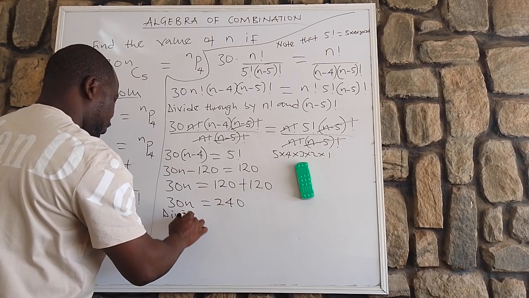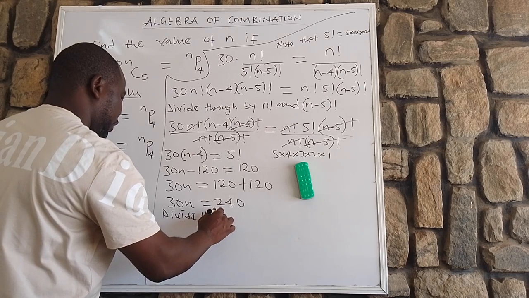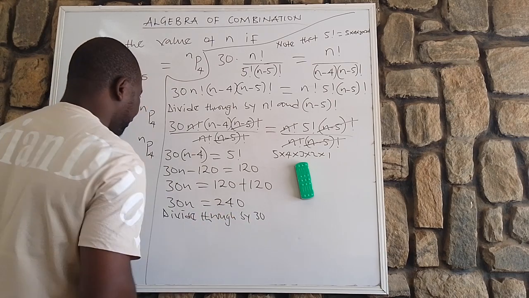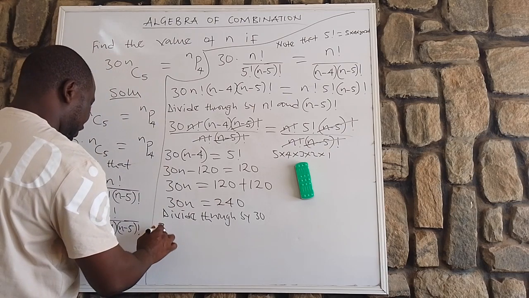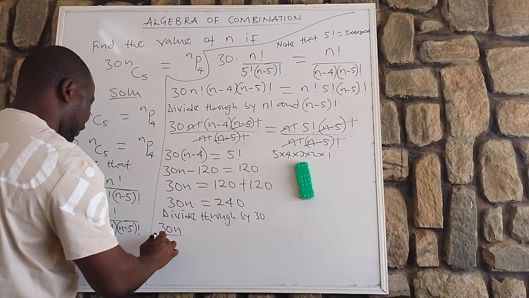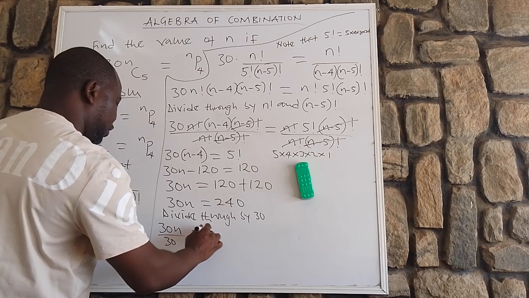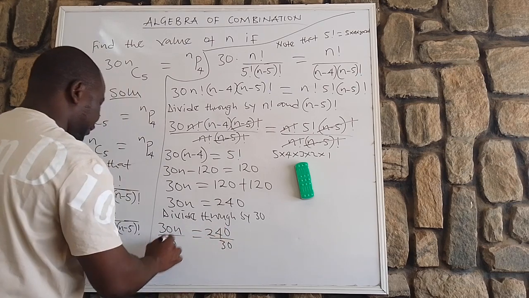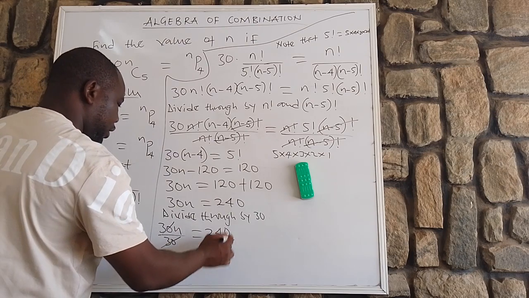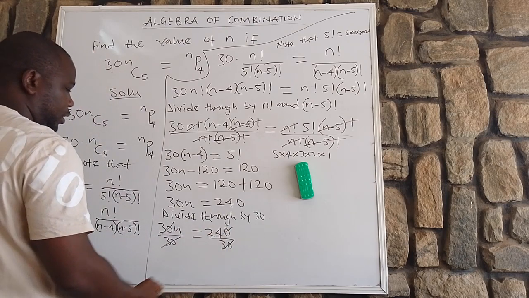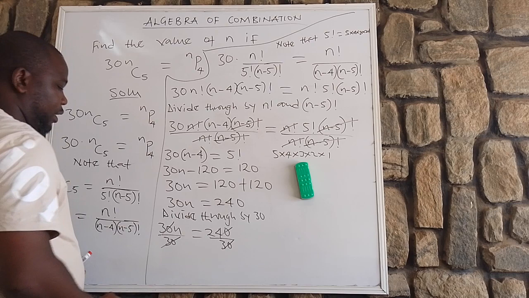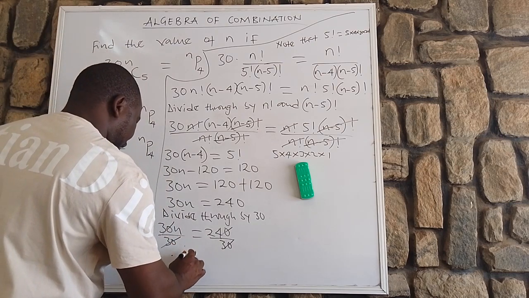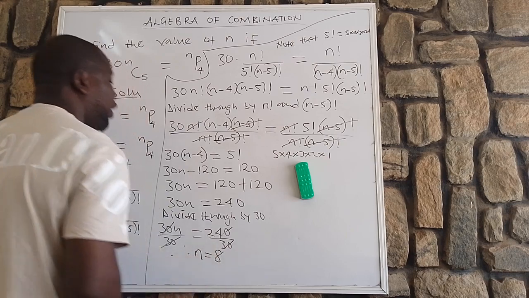Divide through by 30. So 30n over 30 equals 240 over 30. This and this will go. This zero, isn't it? Then 24 divided by 3 is going to give you 8. So therefore, our n is equal to 8.